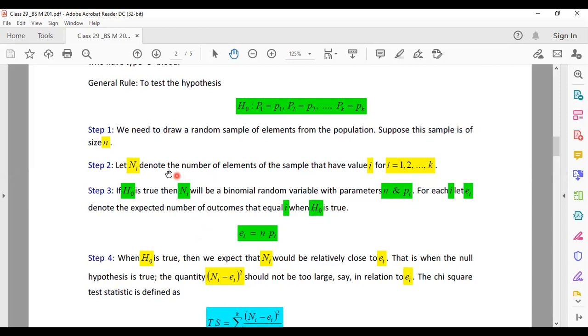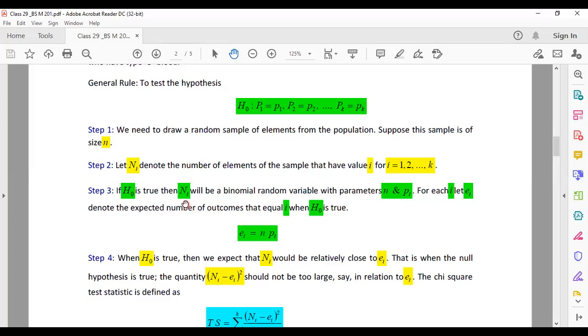This is the first sample that you have drawn, of size 20, and this is called N1.